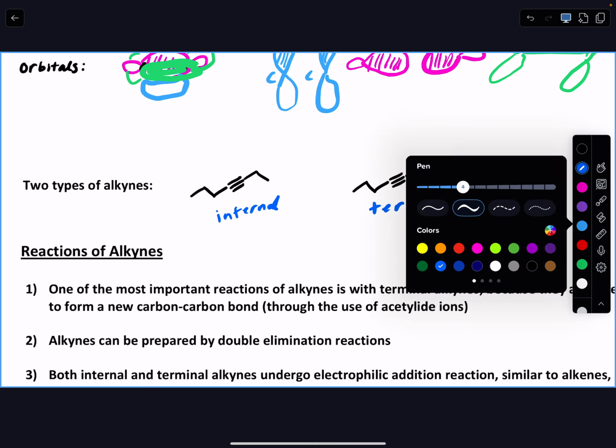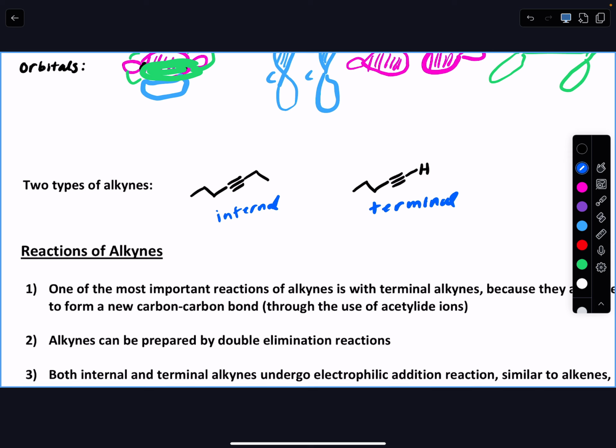So if I look at the internal, I look at the two carbon-carbon triple bond, alkyne carbons, and then I look at what they're attached to. Here's a carbon. I don't care how long the chain is, how short it is. If it's attached to that carbon, then that's all I care about. And over here, also attached to a carbon. So that's why this one is called internal.